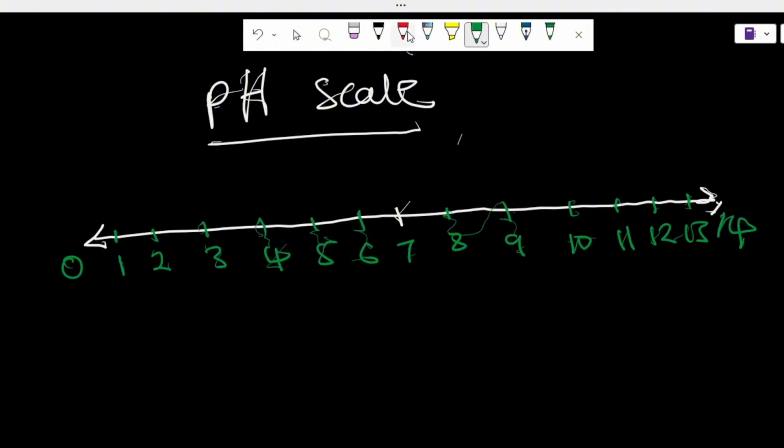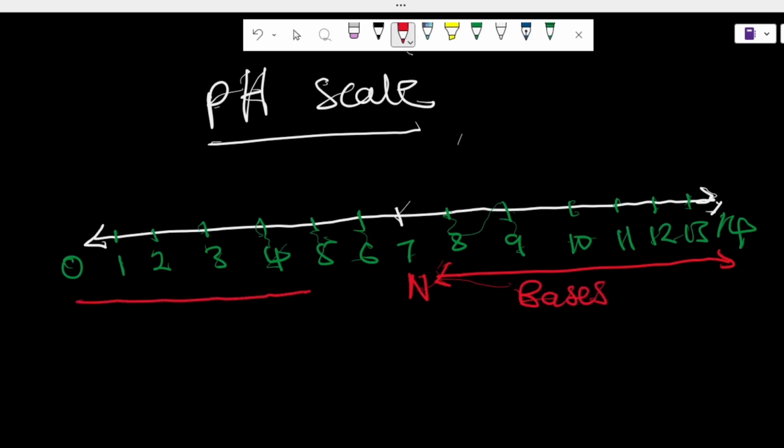Here you have neutral, then this is going to be the bases, and this is going to be acids.